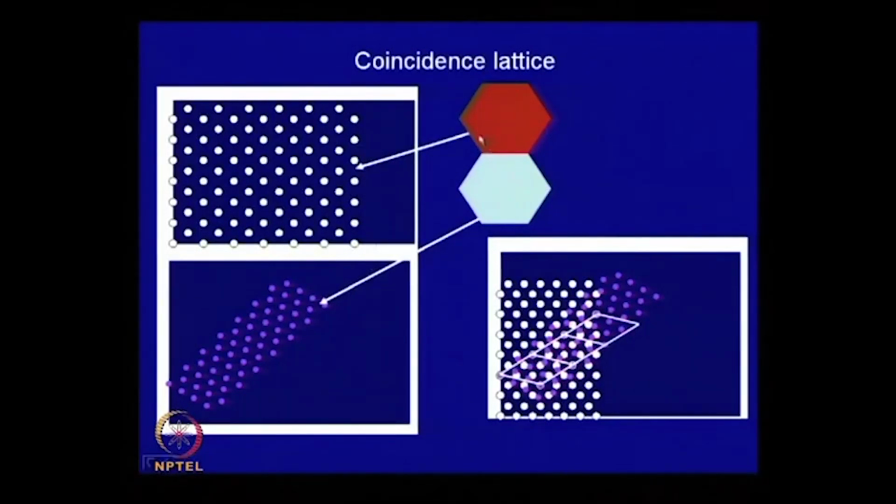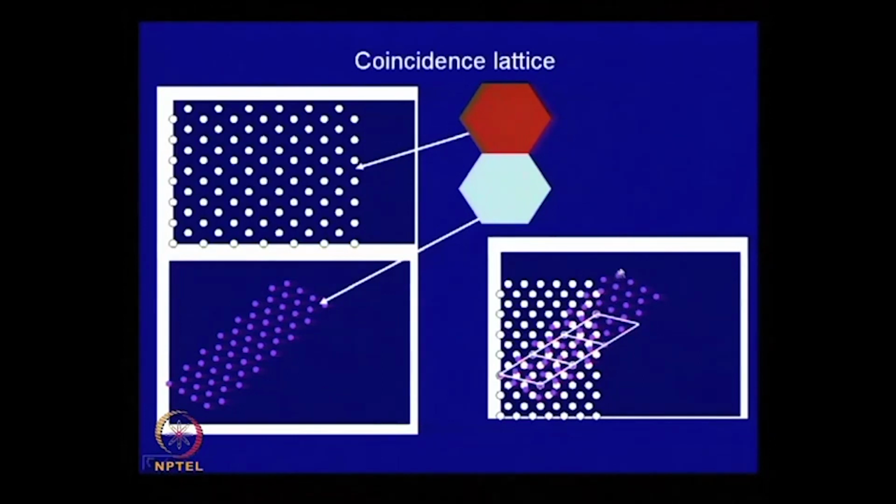I have drawn the same thing, this is one grain where these atoms are arranged like this, whereas in this grain the atoms are arranged in this fashion, the same plane, but it is rotated differently. Now, what happens near the grain boundary, a few layers, 2 or 3 layers?